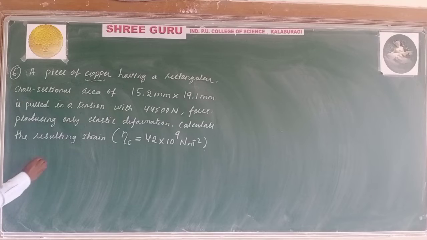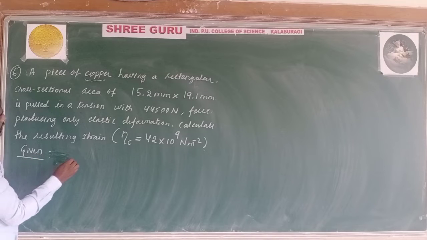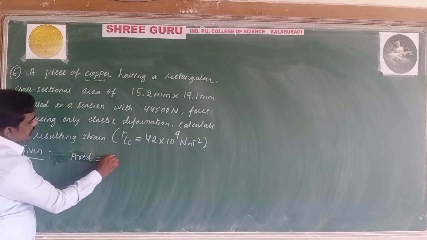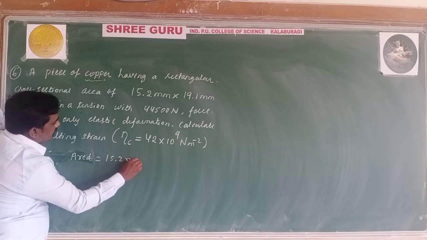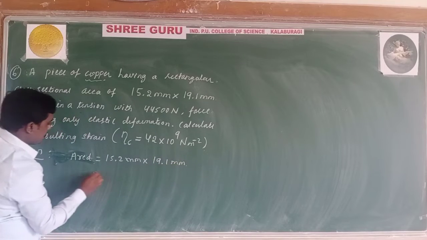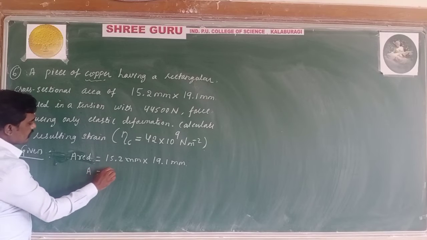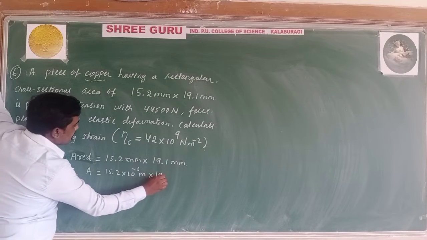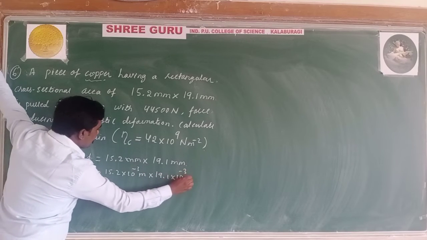Before going to solve the numericals, you just write the given values very clearly. The first one is area, which is equal to length into breadth, that is 15.2 mm into 19.1 mm. So area is equal to 15.2 milli, meaning 10 raised to minus 3 meter, and 19.1 into 10 raised to minus 3 meter.